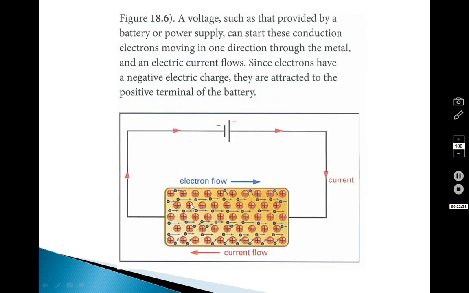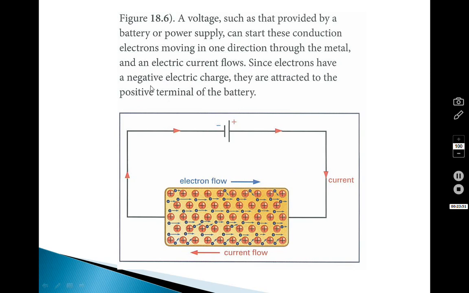It's clear in figure 18.6: a voltage such as that provided by a battery or power supply. Current flows from positive to negative in this direction, and the electrons move in the opposite direction, because electrons are negative charge and are attracted to the positive terminal. So a battery or power supply can start these conduction electrons moving in one direction through the metal, and the electric current flows.